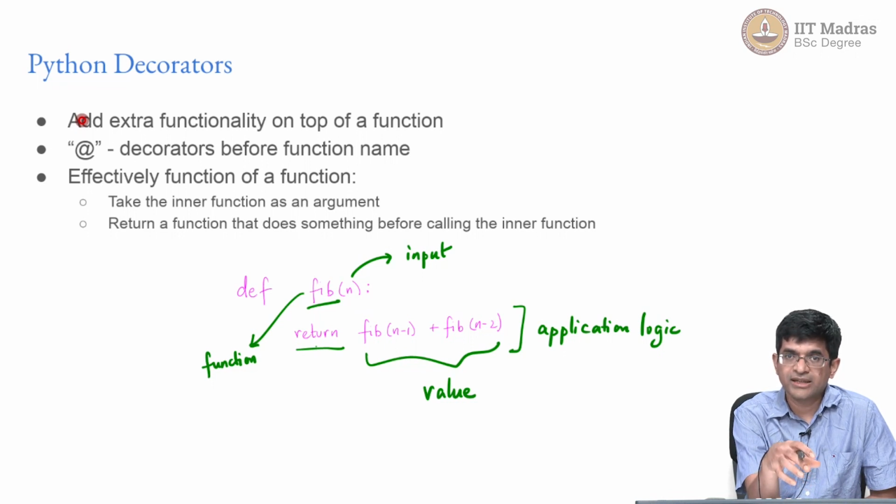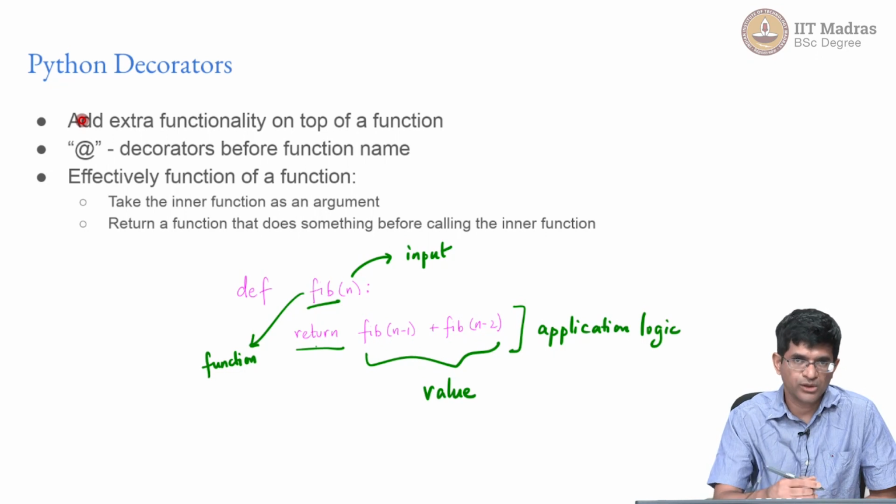I want to add certain extra functionality on top of it, so I put a decorator in front of it. What the decorator does is it says, okay, now if you call this inner function, it is going to first do something else and then get back to doing whatever it is that you have written inside this code. It's not a trivial concept to understand.